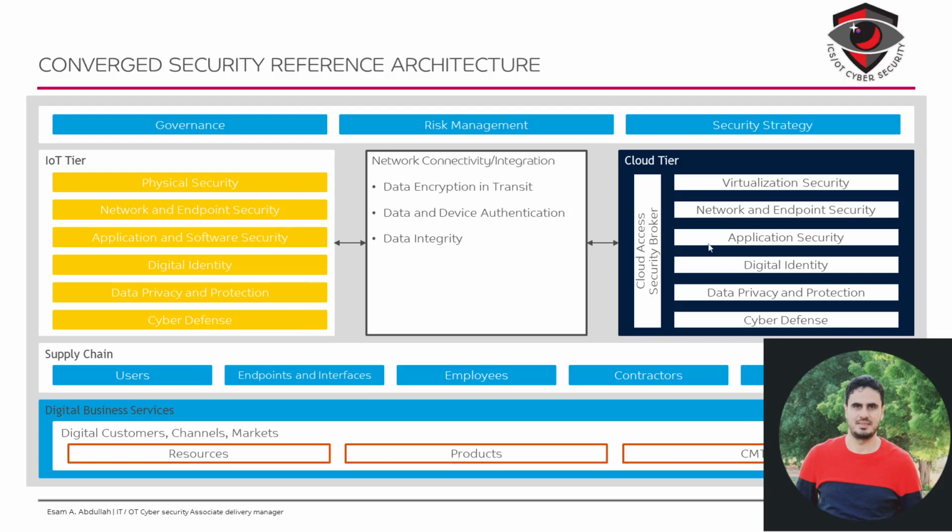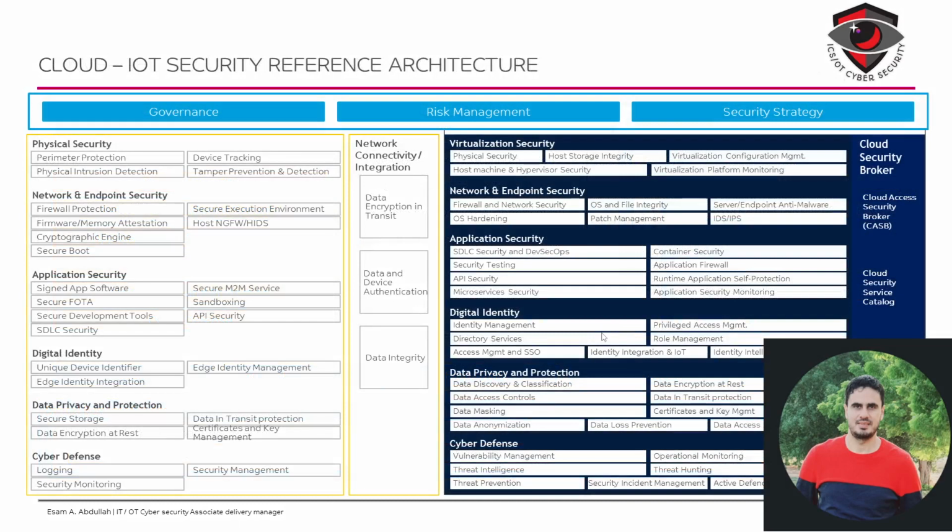All of these components, we will go through them one by one just to increase our understanding of each one. So if we go to the next slide, we will see the cloud IoT security reference architecture.